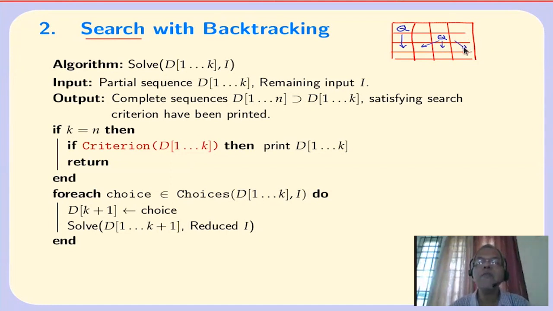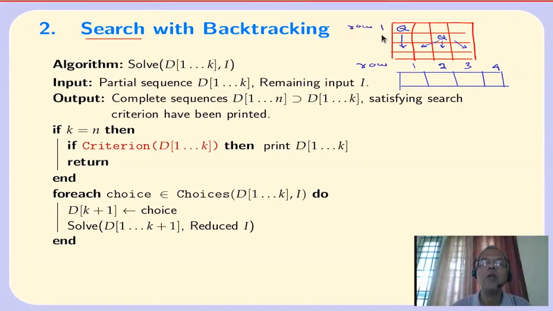So how can I view it as a combinatorial structure? I can view this as row 1, row 2, row 3, row 4.